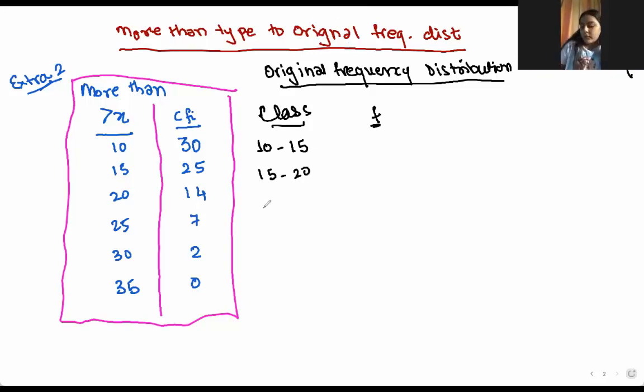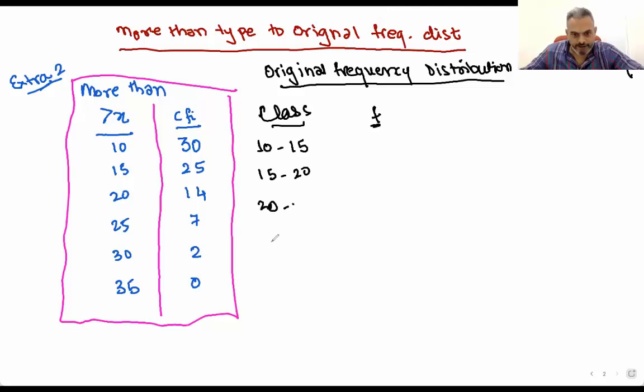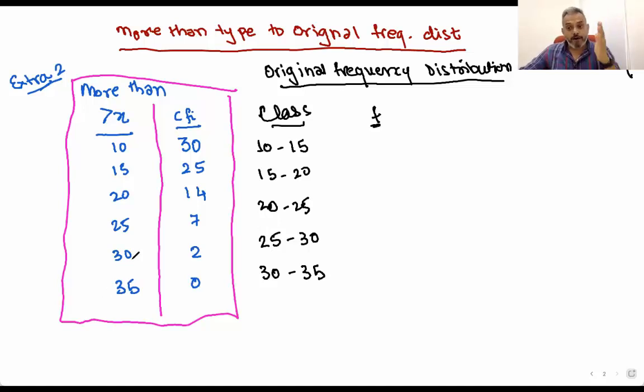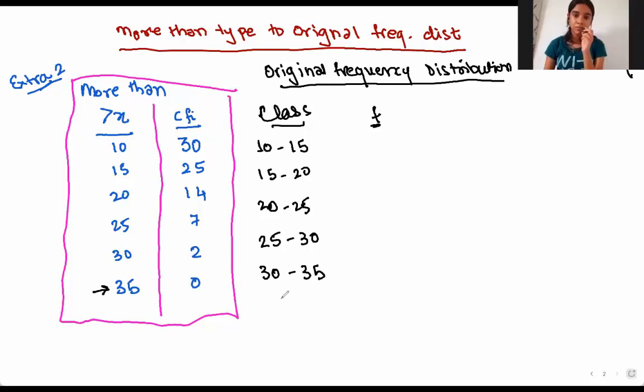Then 20 to 25, 25 to 30, 30 to 35. Will we have 35 to 40? No, sir. Because you also have to apply your mind and think, not just do it mechanically. More than 35 is 0. So we don't have a class 35 to 40. Is this clear? Yes, sir.